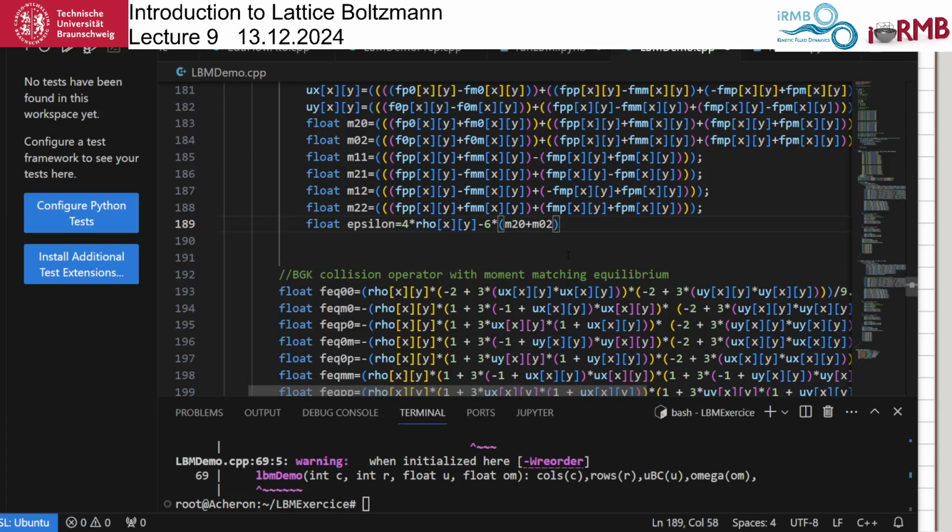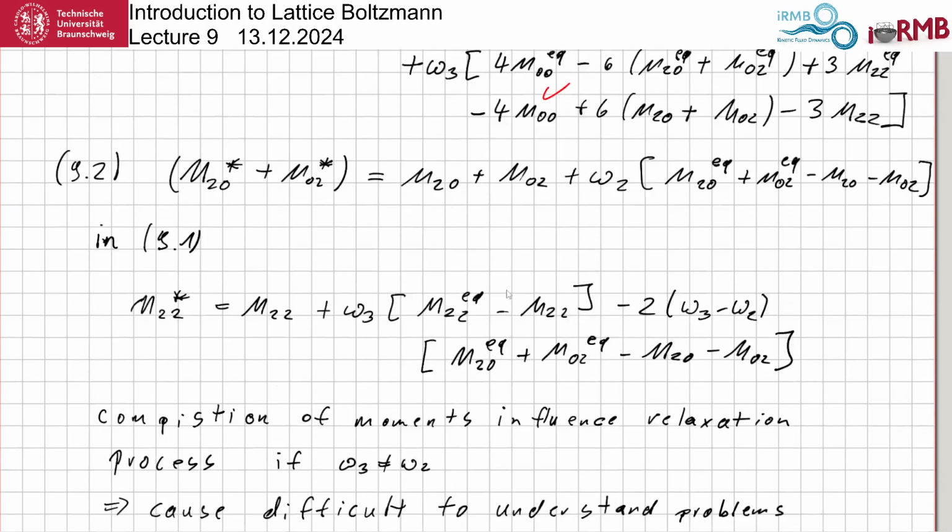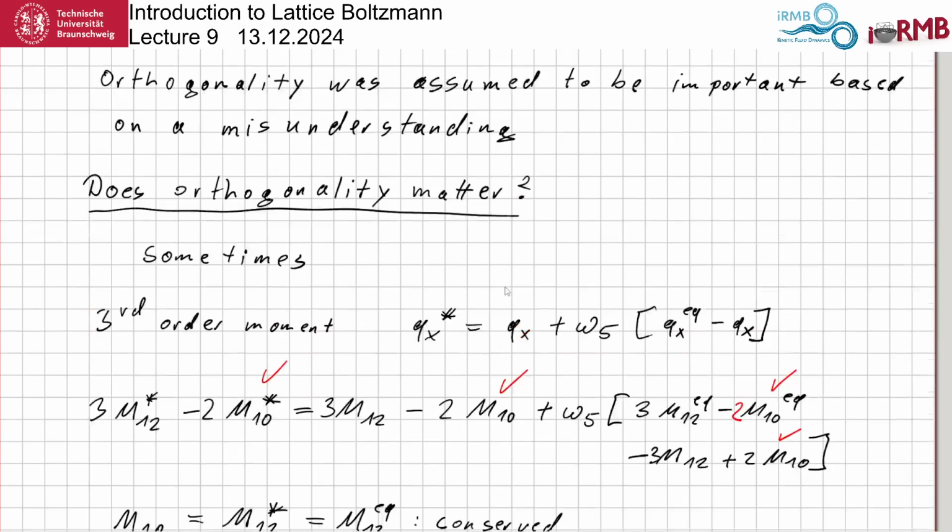So what else? The thing is, I see a minus. I don't know if I'm seeing the right one, but I'm seeing a minus 4 times rho. Where are you seeing the minus 4 times rho? Okay, let's go to the lecture.